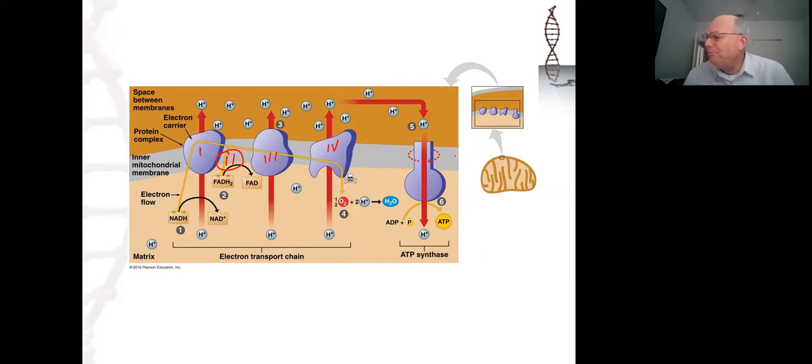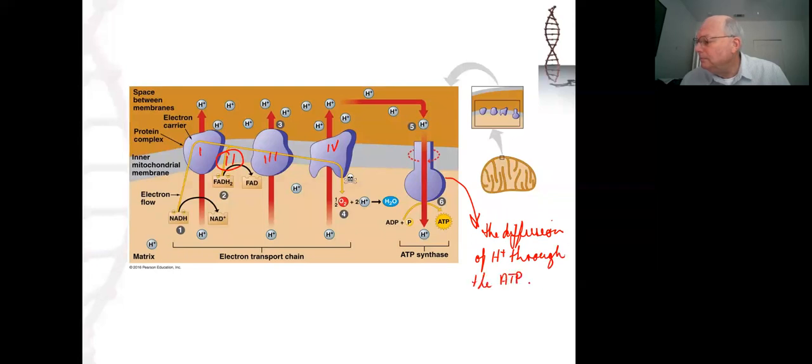Now, this diffusion process of hydrogen ions is called chemiosmosis.